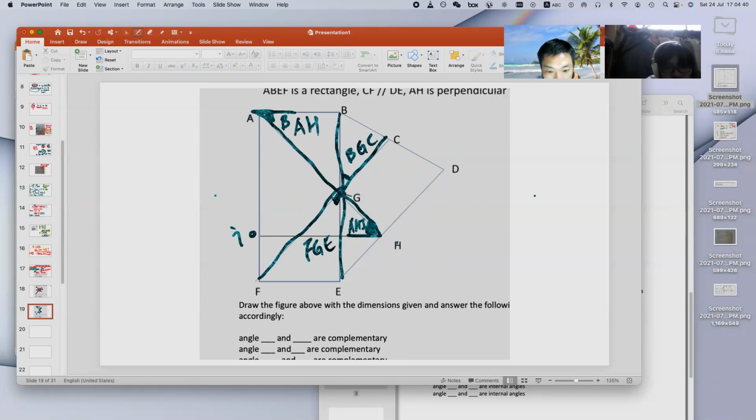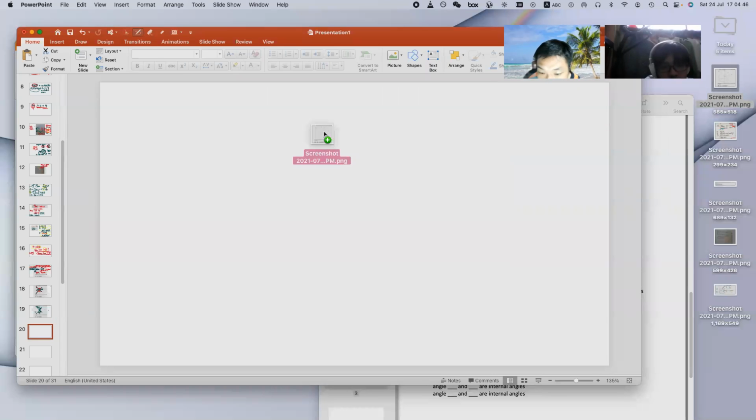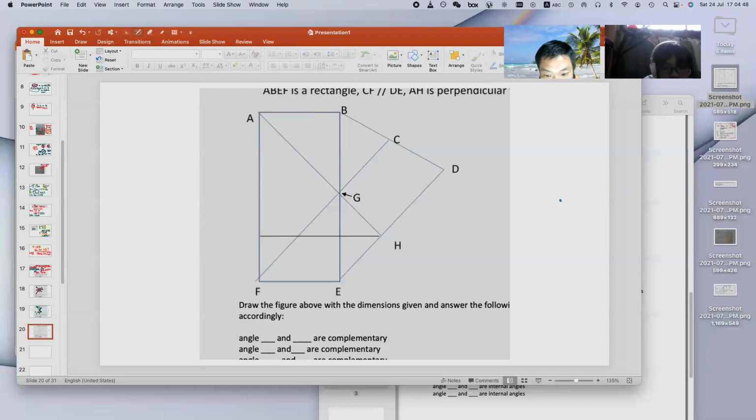Can you see another Z or not? Can or cannot? Can you see another Z from here? Yeah. This one, right? You say yeah, but cannot tell me.